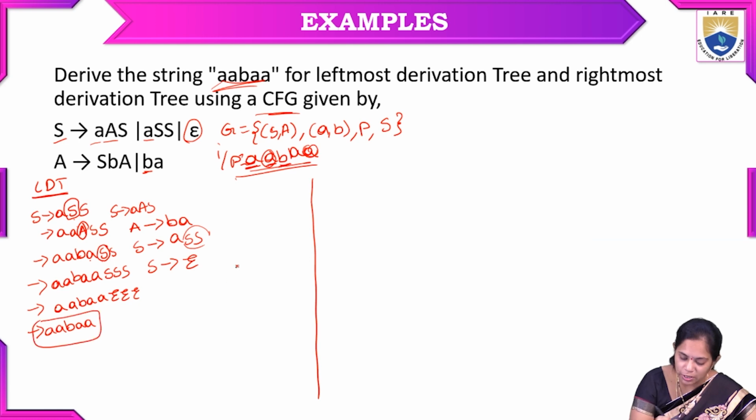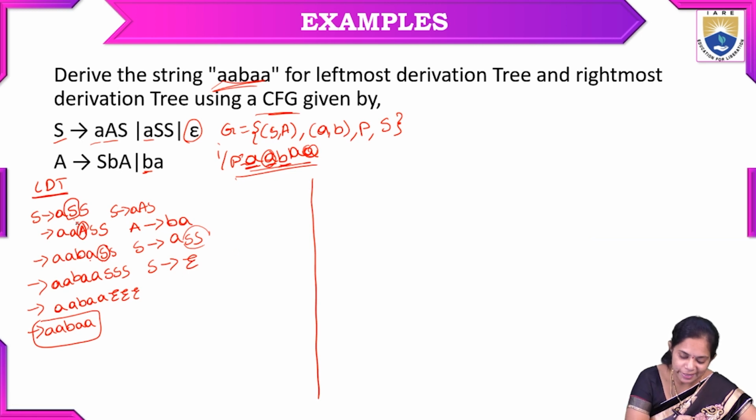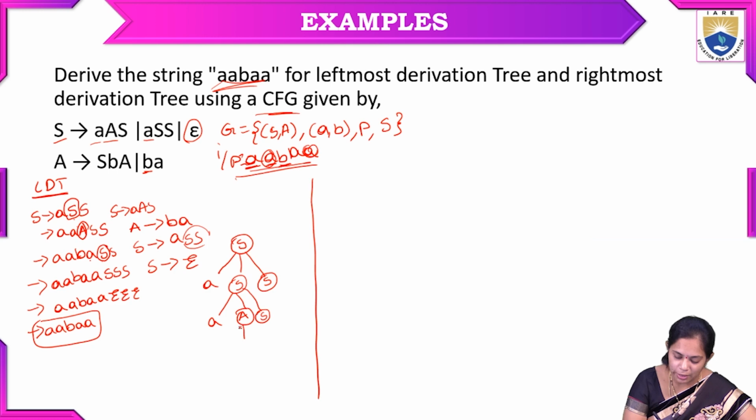So this is the input string, and we will write the leftmost derivation tree. By seeing this derivation, we say that the first root node is S, and what production rule have we taken? S, S. And after that, we substitute A with the A, S with the S, A and S. And after that, instead of A, we are taking B, A. And after this, S is there.